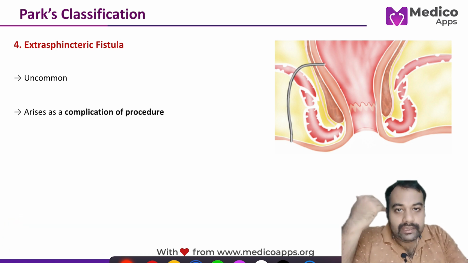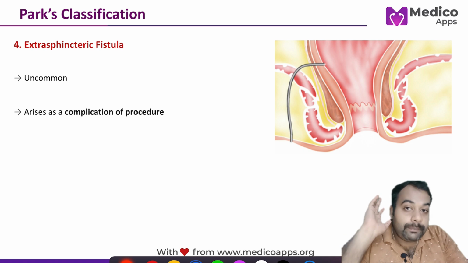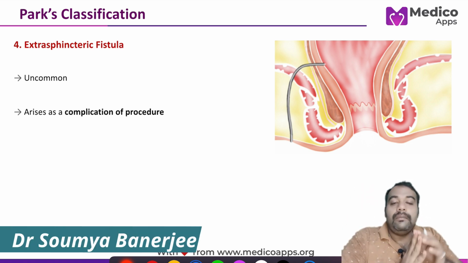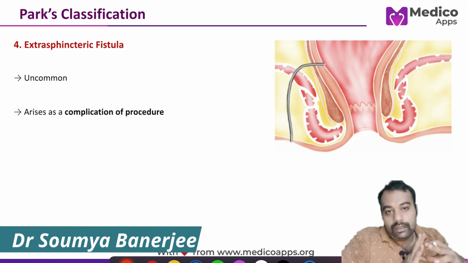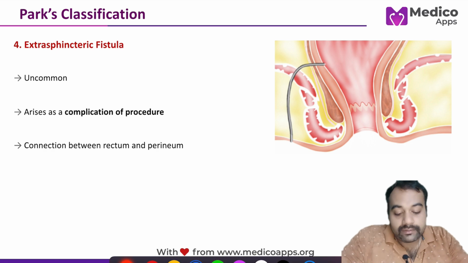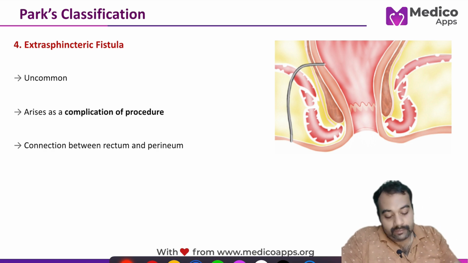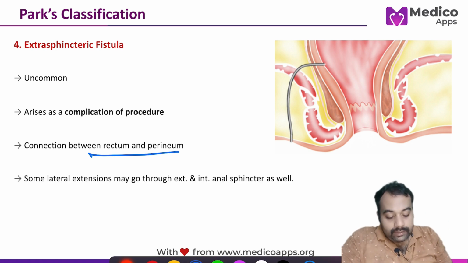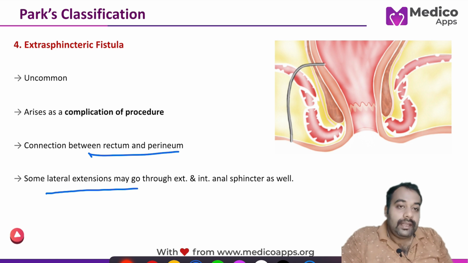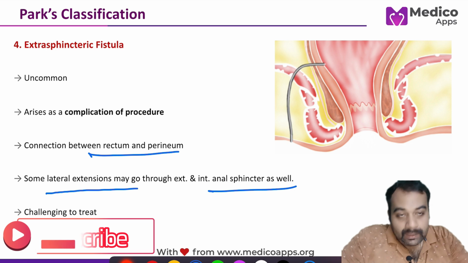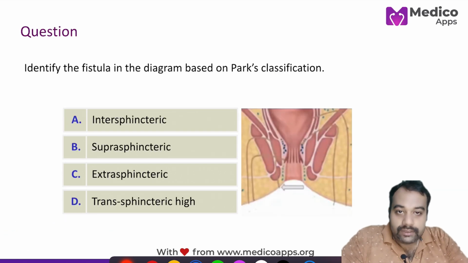So it basically develops as a complication of some perianal or rectal operation, and as a result, this extrasphincteric fistula develops. So it's a connection between the rectum and the perineum. Okay, so lateral extension may go through the external and internal sphincter as well in some cases, and it's pretty challenging to treat.